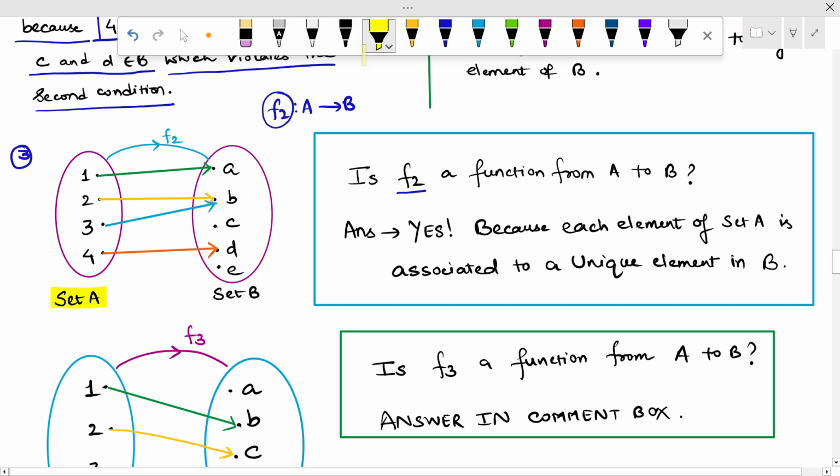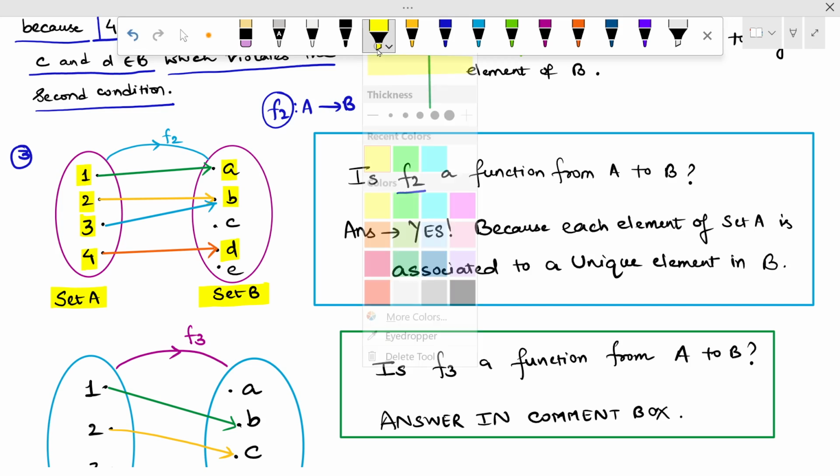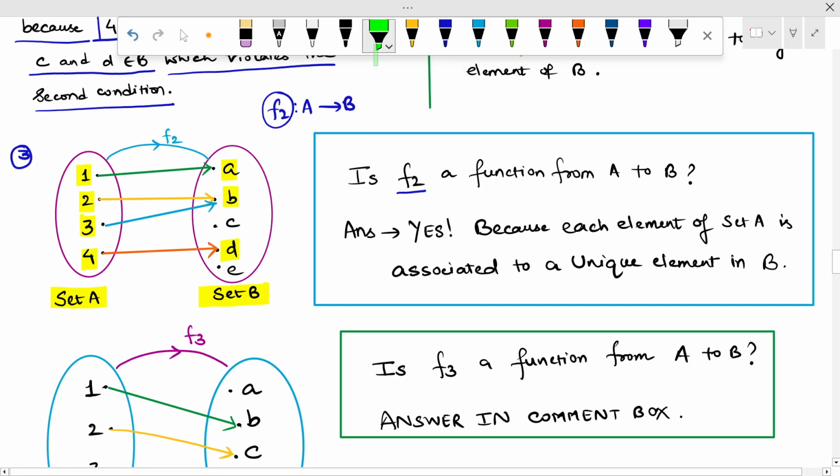This is our set A, this is our set B. See, the first condition was that all the elements of set A are associated to some elements in set B. Means 1 is associated to a, 2 is associated to b, 3 is associated to b, and 4 is associated to d. Now see the second condition.